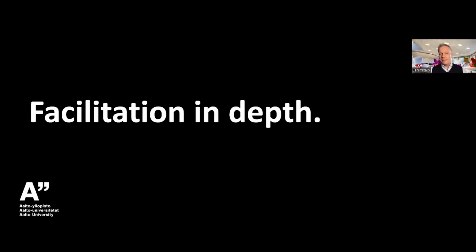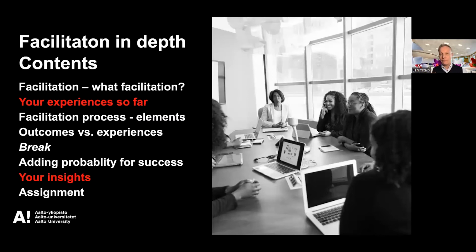And the topic is facilitation in depth, meaning that we take a deeper dive into the social process and social elements of facilitation. So what's happening and how can we really add the probability that we are successful in our facilitation? First, a few basic things, and then we will have our first group discussion already.